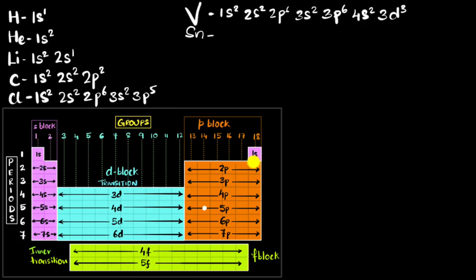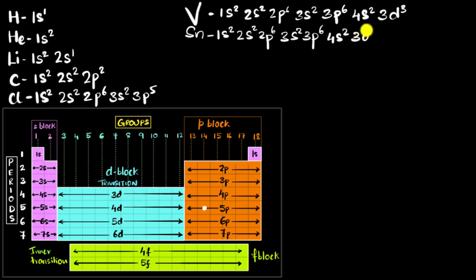From the top, 1s2, let's do it a little quickly now. Then 2s2, 2p6, 3s2, 3p6, then 4s2, then we have 3d, and 1, 2, 3, 4, 5, 6, 7, 8, 9, 10.